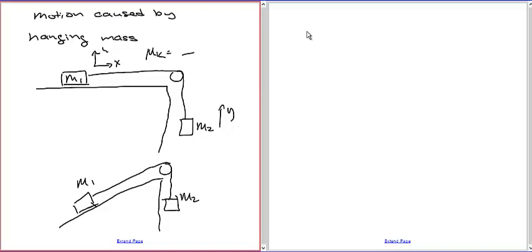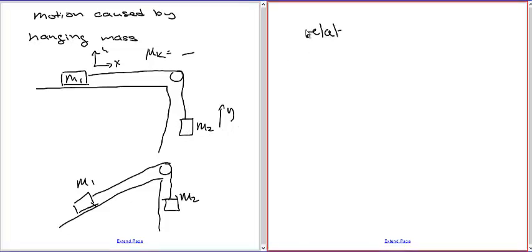And you have to relate a1x and a2y in this case. So the y movement of this thing is going to be the same value of acceleration, except for the sign maybe, as this one, because they're connected by a string.